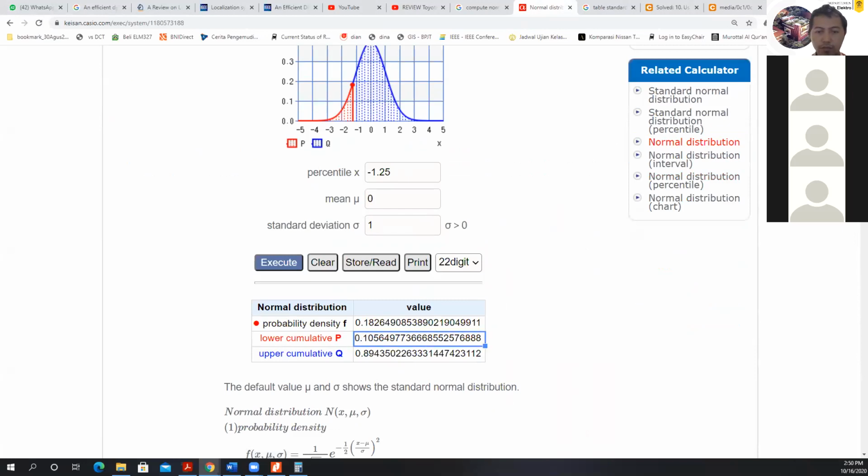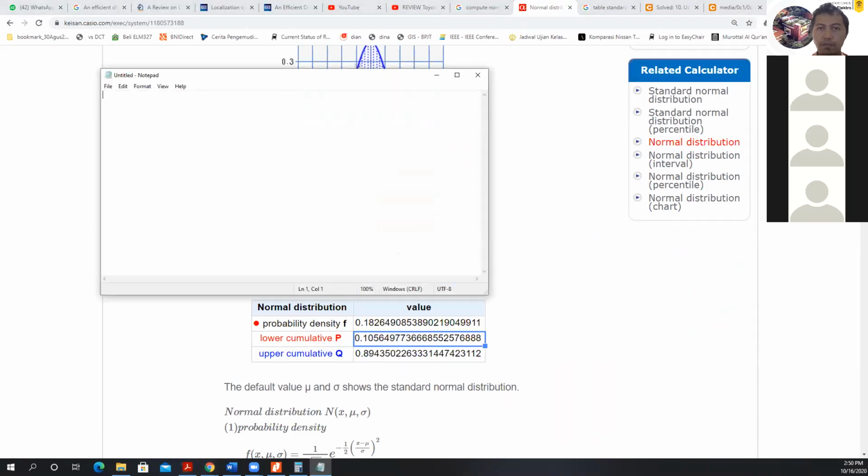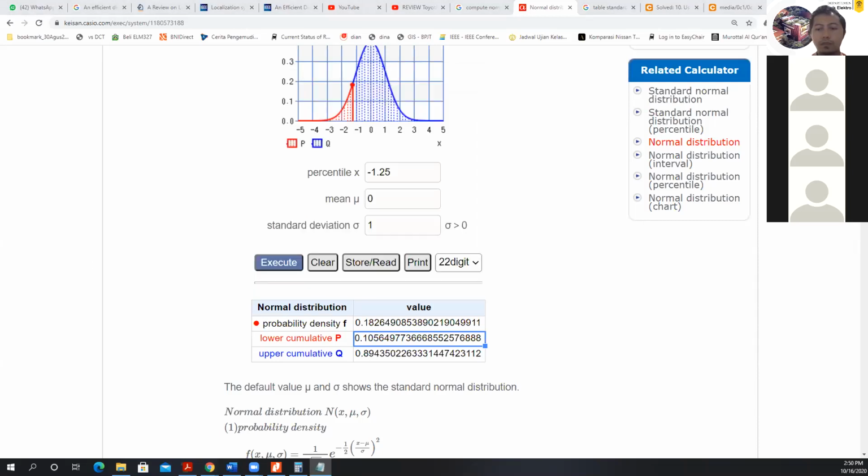We write it on the note. Zero point 1056. Okay, we point it out here.